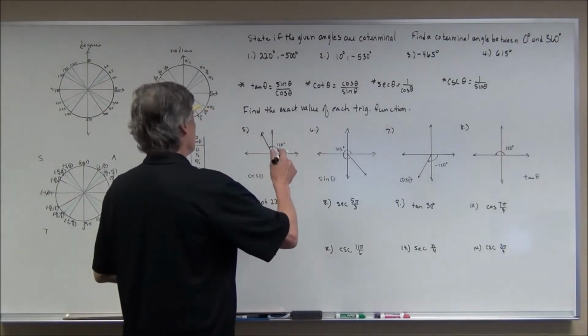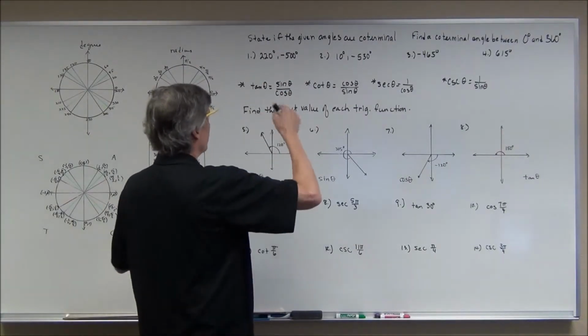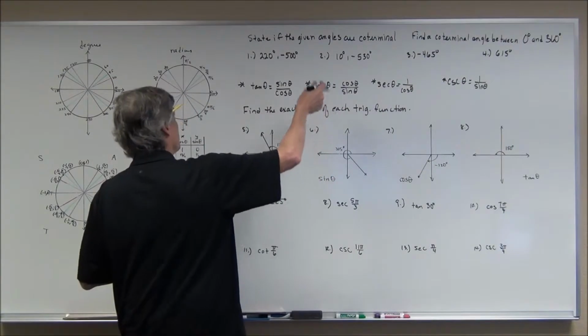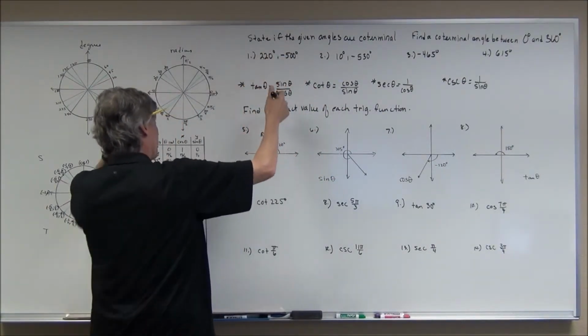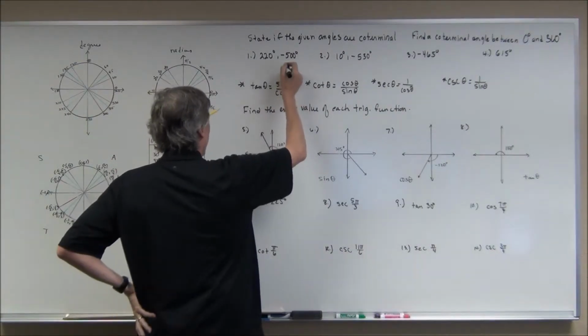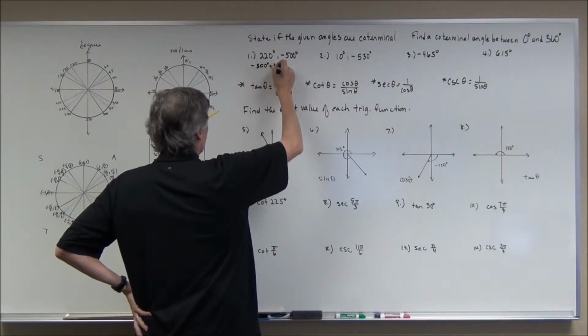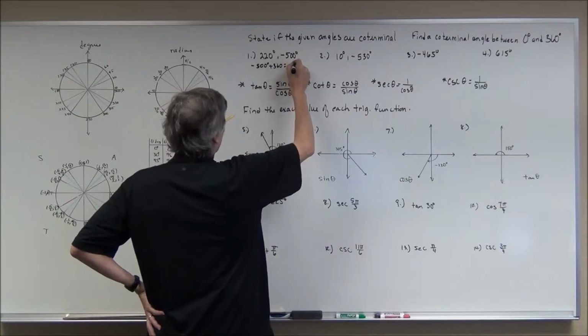So all you have to do is take the smaller of the two and add 360 or 2 pi, depending on what you're doing, until you either get the other angle or you miss it, you go past it. So if I take negative 500 degrees and add 360, I get negative 140 degrees.